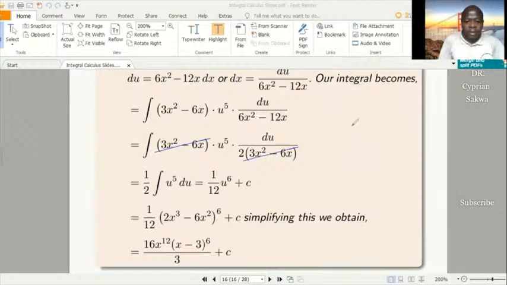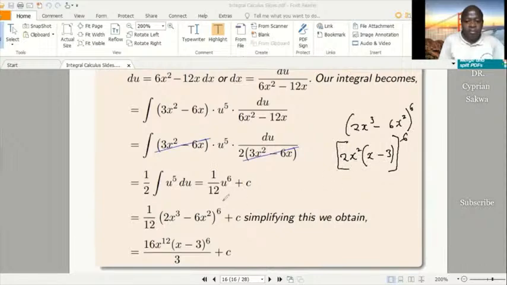If you have 2x cubed minus 6x squared raised to 6, this can be written as 2x squared times (x minus 3), the whole of this thing raised to 6, and then divided by 12. 2x squared goes into 2x cubed x times, and 2x squared goes into 6x squared 3 times.